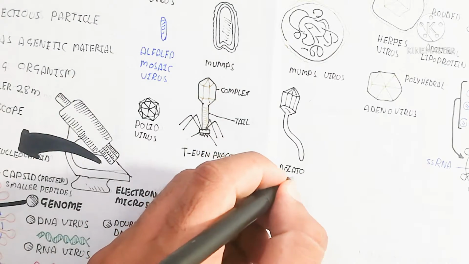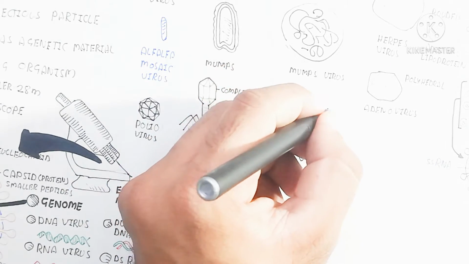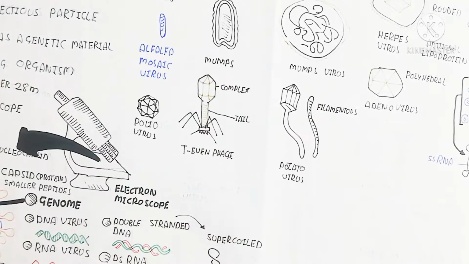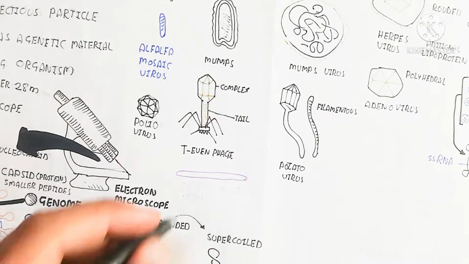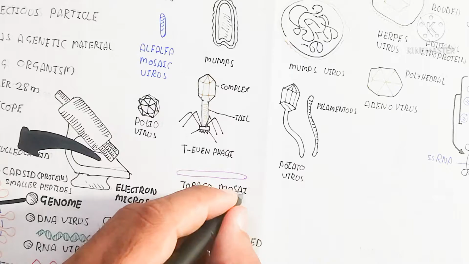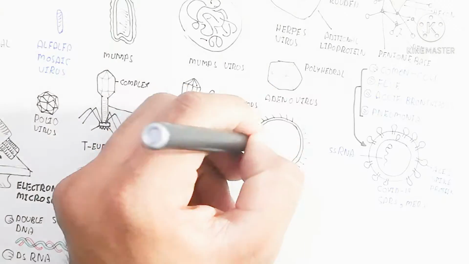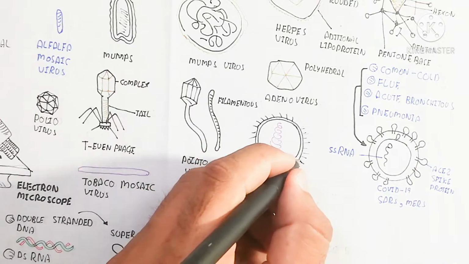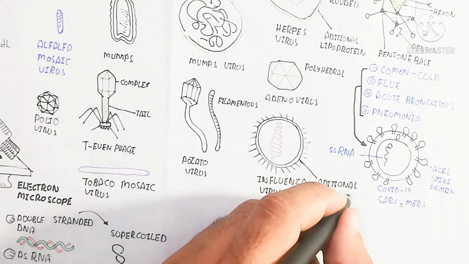It contains T2, T4, T6 and so on, which are types of T-even coliphage. So here is the potato virus, which infects the potato plant to cause disease. It can be filamentous or complex. It looks like this, and the head contains the genome in the bacteriophage.